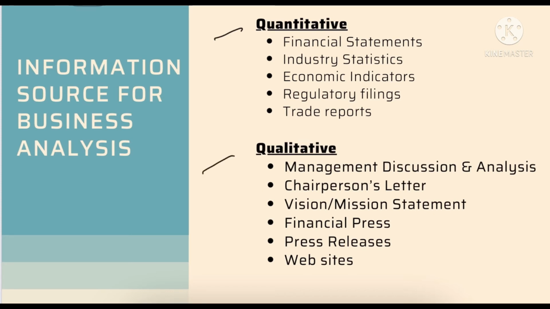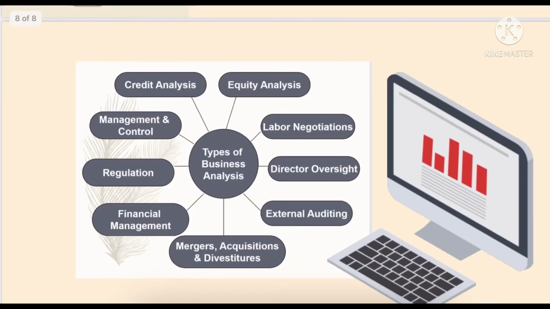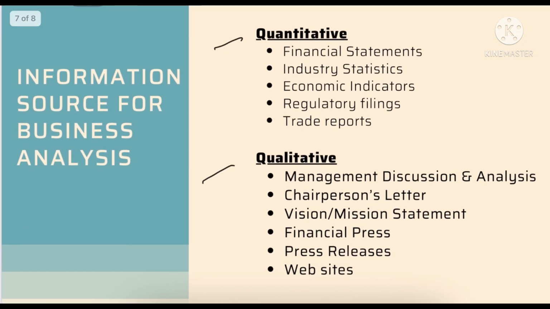The quantitative sources are like the financial statement itself, the industry statistics, economic indicators like GDP, the regulatory filings, and the trade reports. The qualitative sources are like management discussion and analysis, the chairperson's letter, vision and mission statement, the financial press, press releases, and the websites.